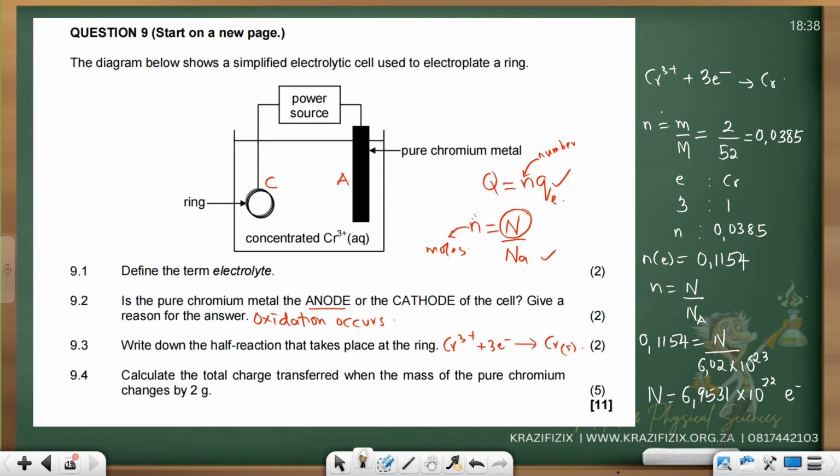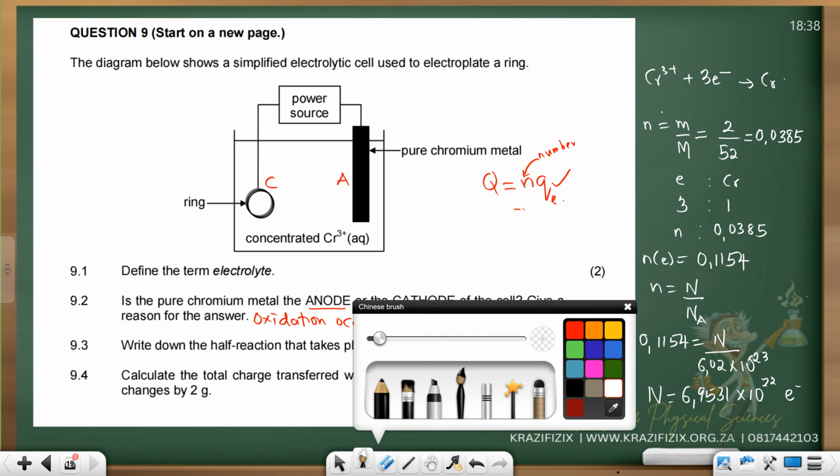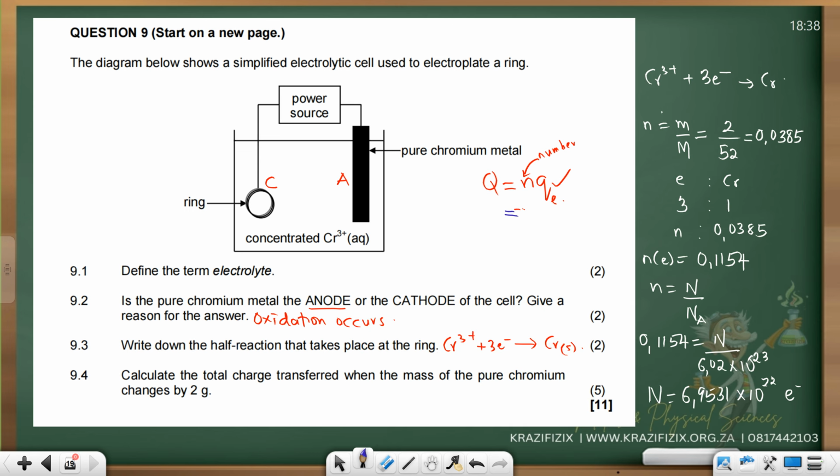I am now back at Q. So write what you are looking for, then case closed. What is the number of electrons now? 6.9531 times 10 to the power 22, multiplied by 1.6 times 10 to the power of negative 19.